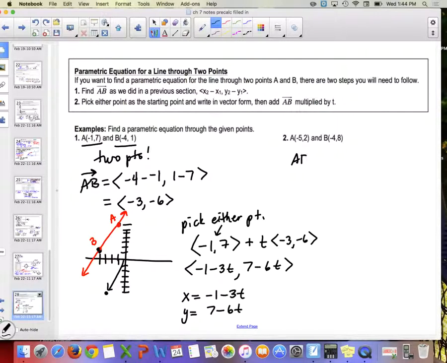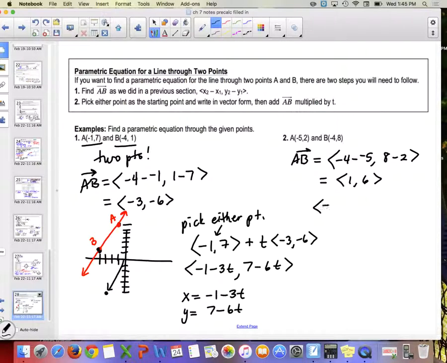So if I have AB here, AB is going to be x2 minus x1, so -4 minus a -5, and then we're going to have 8 minus a 2, like that. So I get 1, 6. And then I'm going to multiply by t and add it to any point.